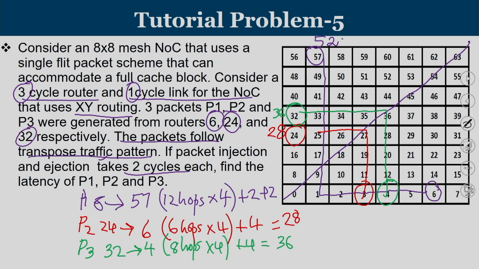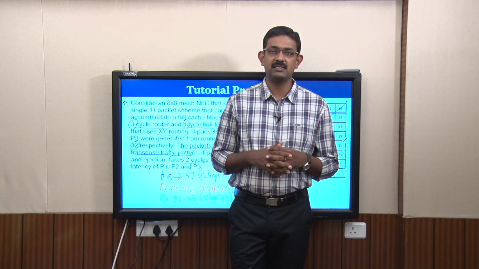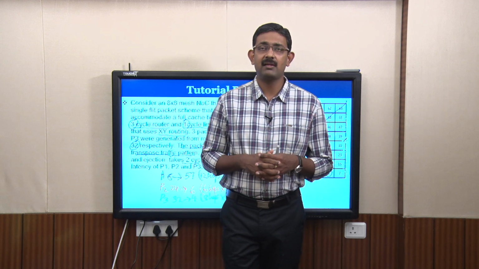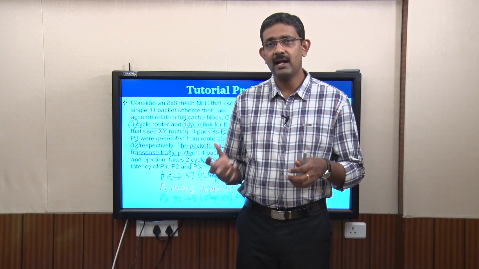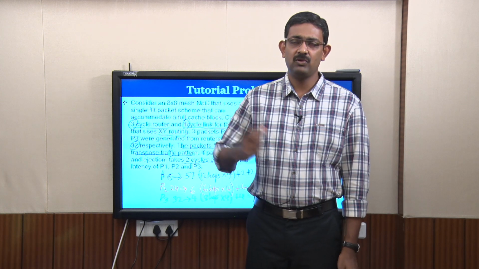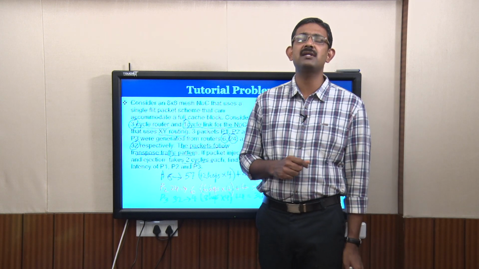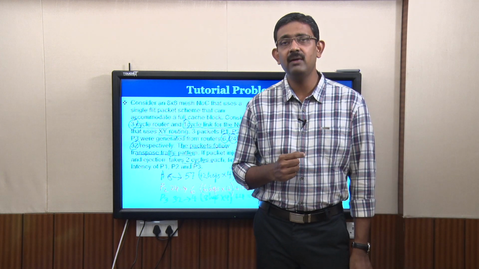So, this is a problem where we are given the entire NOC structure and the traffic pattern is defined as transpose pattern, and using this transpose pattern we have to find out the destinations. Then you have to find the relative distance between source and destination, the number of hops to reach the destination as per minimal XY routing.